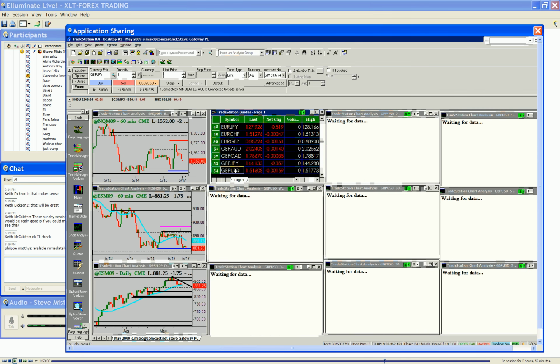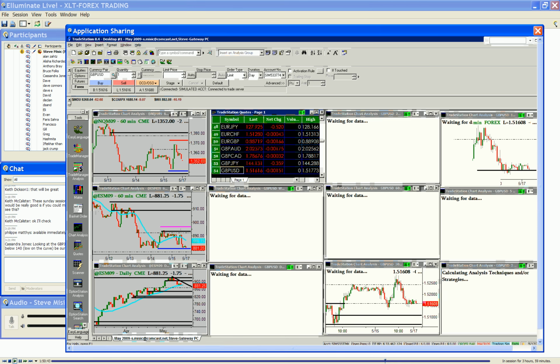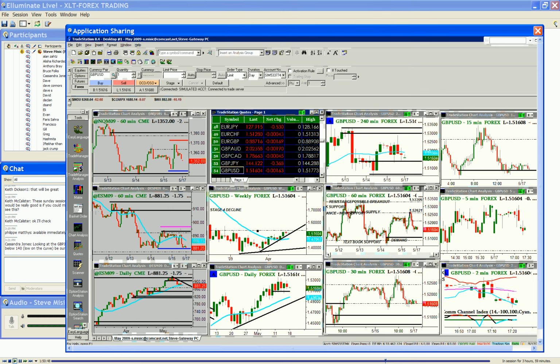But let's get down to our British pound versus the dollar, which has been a nice little uptrend for the last few weeks anyway. Yes, Cassandra, that demand level below near 140 is low on the curve for a high risk opportunity on that currency.